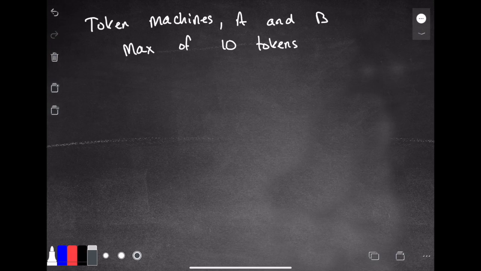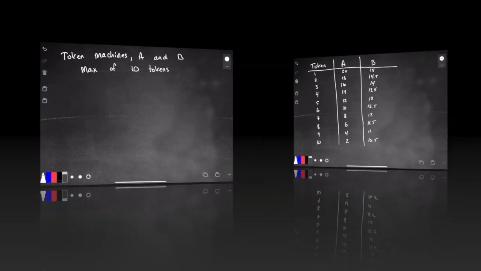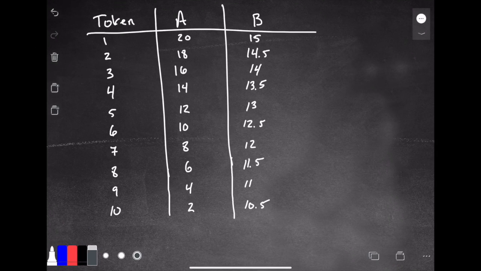Okay, so I'm going to use the magic of editing here to just put the payouts on the screen real quick. Okay, and we're back, and I've put the payoffs on the screen. So the first token that you put into machine A will give you a payoff of 20. The first token that you put into machine B will give you a payoff of 15.